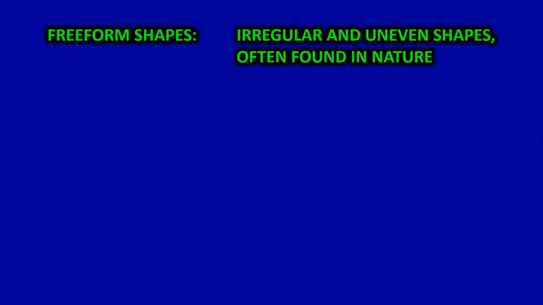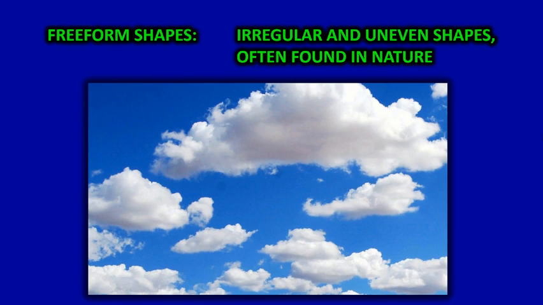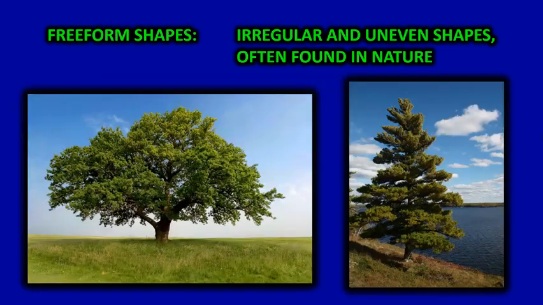All right, the book also discusses what freeform shapes are, and these are irregular and uneven shapes often found in nature. So, like the shape of a cloud, right? The book calls these natural. The shape of a tree, the shape of a dog, the shape of a person. These are all natural or freeform shapes.